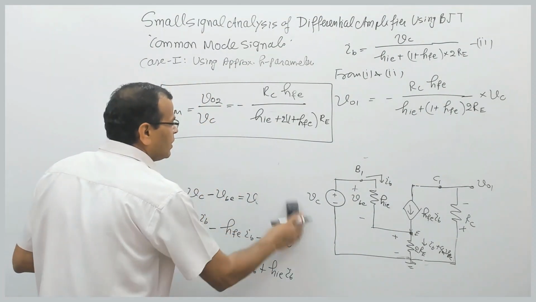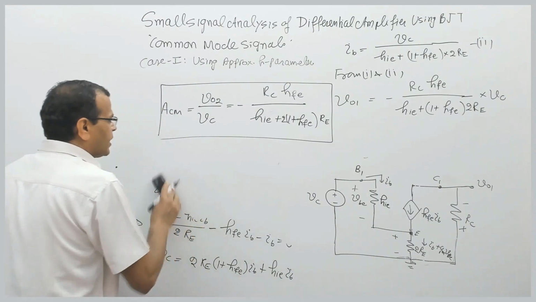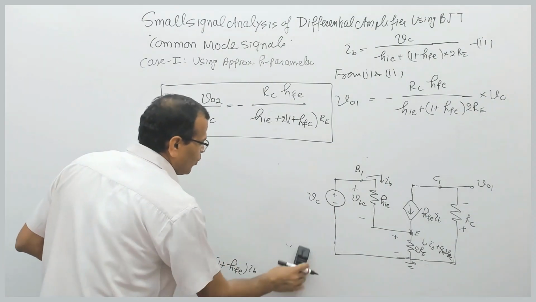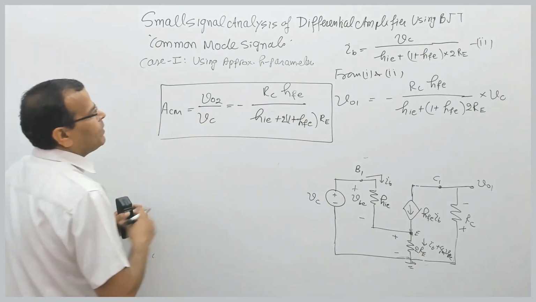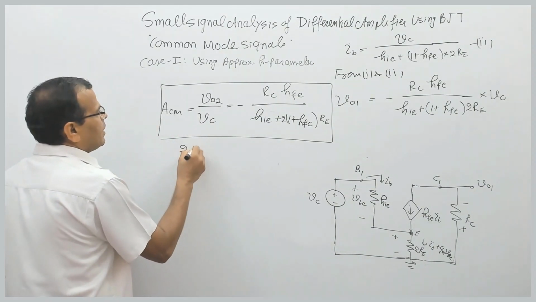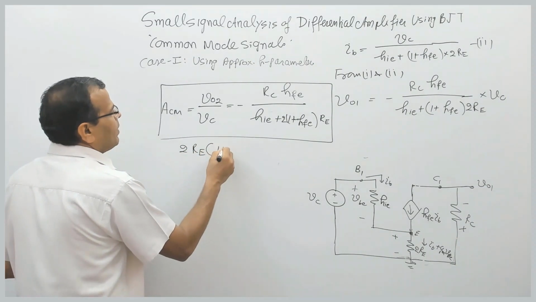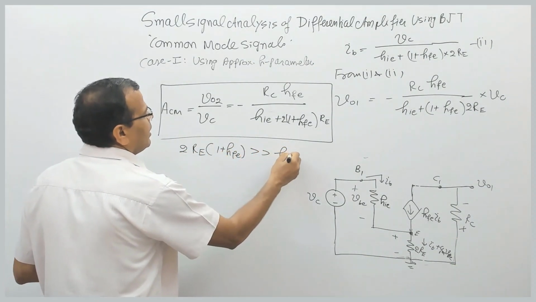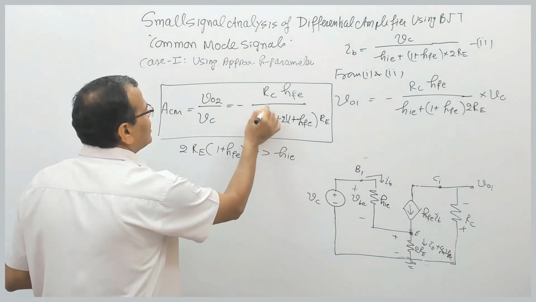And I will be using again that similar approximation we discussed in case 1. What was that? You can please see twice RE multiplied by 1 plus HFE is much greater than HIE. So I can neglect this part.